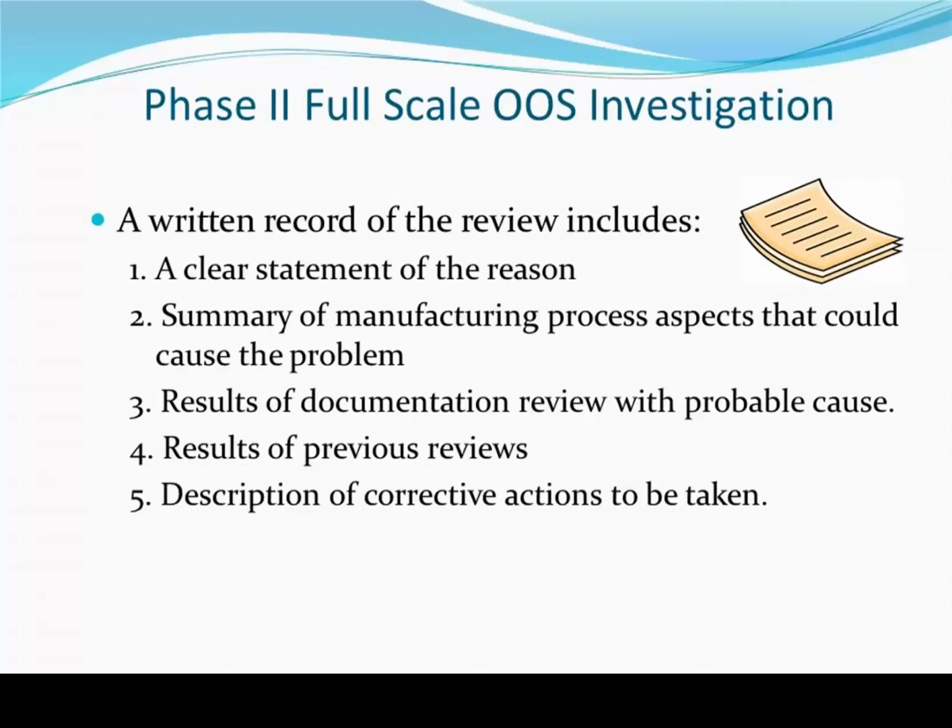You want to include a summary of the manufacturing process aspects that could potentially cause the problem. I like to do this in the form of a flow chart. It's a nice way to show the process. If it occurs in a formulation area, or let's say in a fermentation area, or in a filling area, it's a nice way to give the third-party reader an understanding of your process.